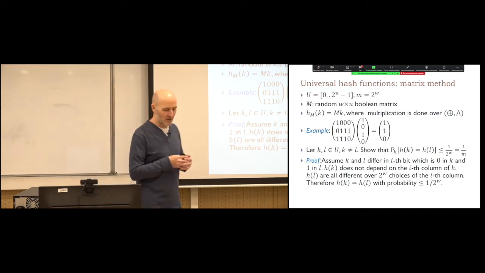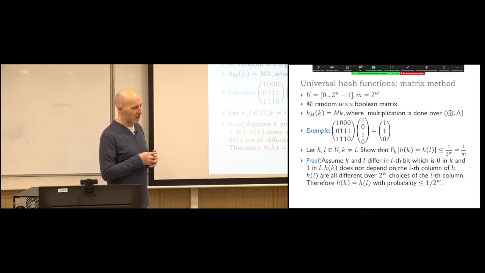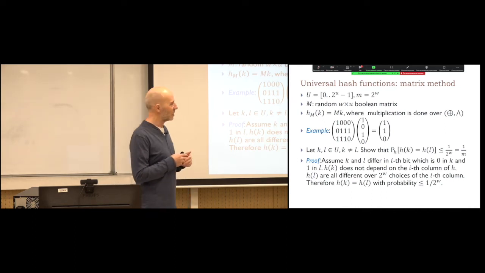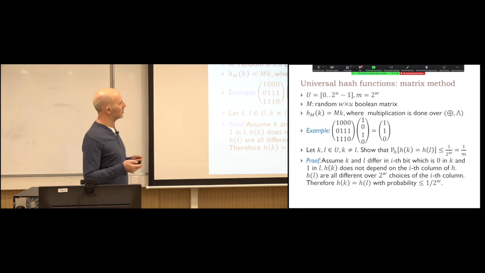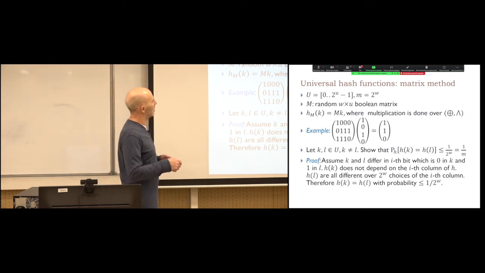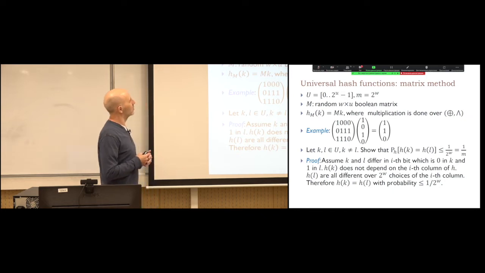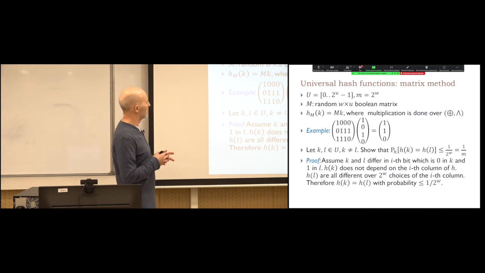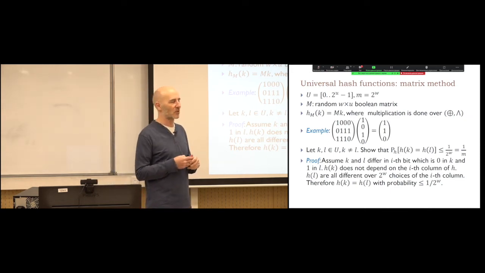I know about several different ways of defining universal families. One is given in Corman, but here I give the simplest definition of a universal family of hash functions that I know, and it's much simpler than the construction from Corman.